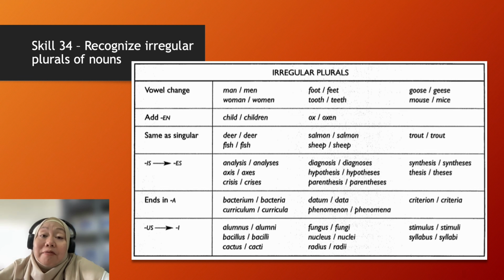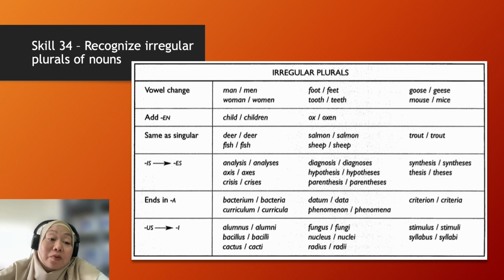We also have plural forms which are still the same as the singular form, so it doesn't change. The plural forms are the same as the singular form. Okay, we have deer, fish, salmon, sheep and trout. Okay, that's the same.